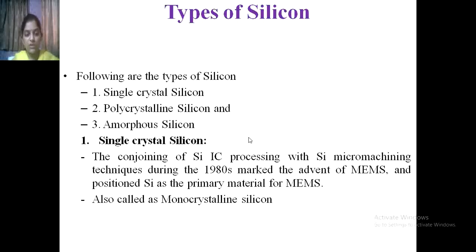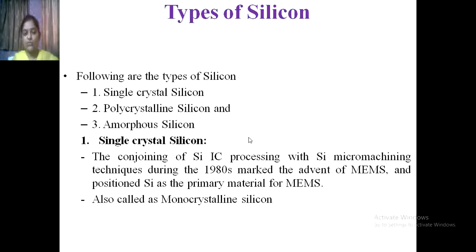The conjoining of IC processing with Si micromachining technique during the 1980s marked the advent of MEMS and positioned Si as the primary material for MEMS, so it is also called monocrystalline silicon.